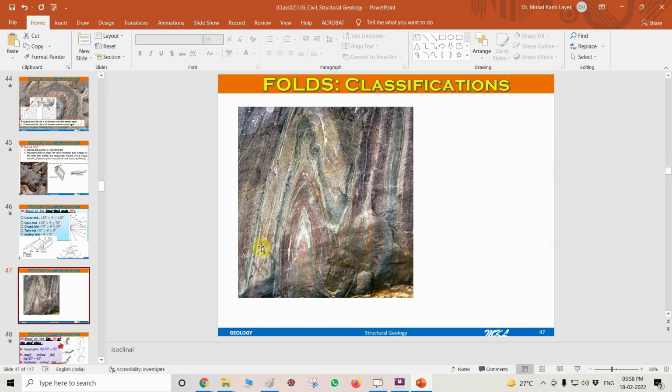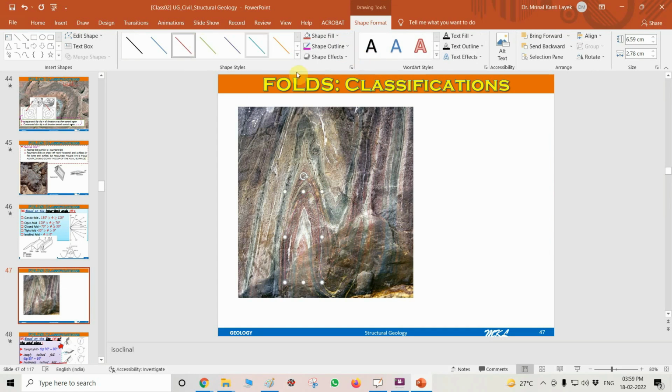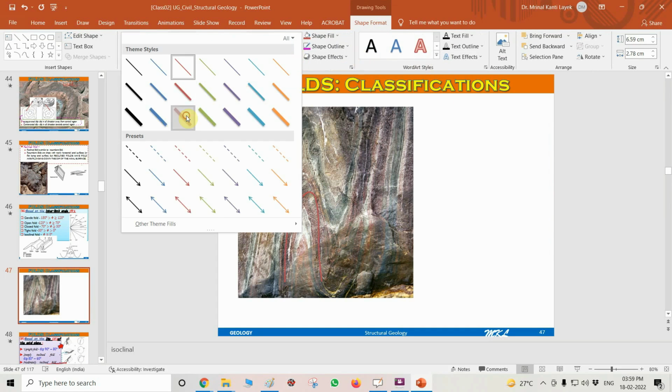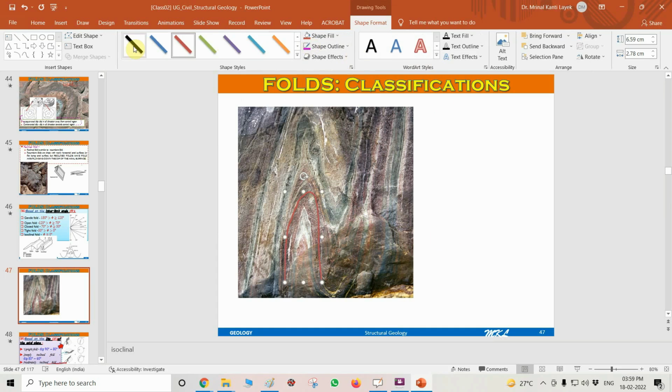So what type of fold is this? This one, class? What's the angle it's making? The interlimb angle. If you draw it, so that's the strata. If you draw the interlimb angle, then what will it be?